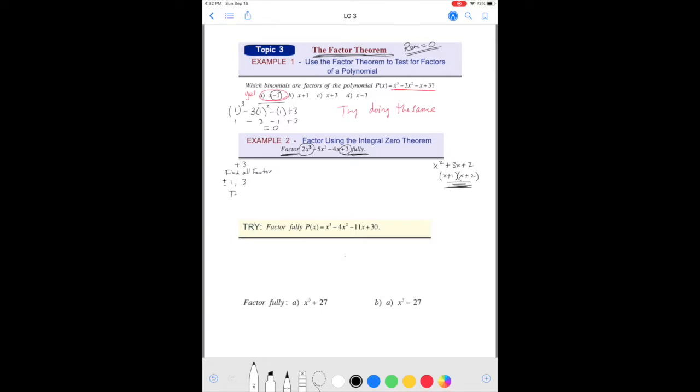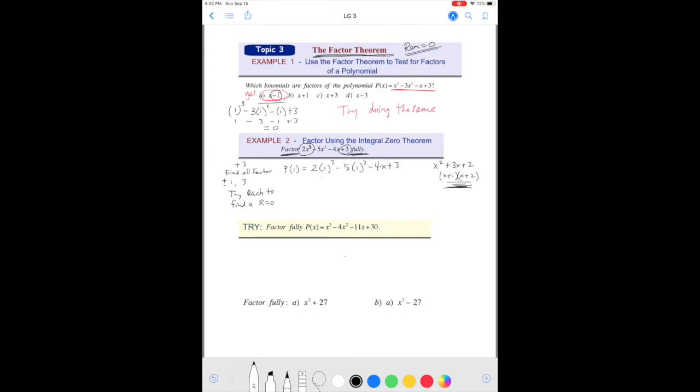So now we have to try each to find a remainder that equals 0. Okay, so here we go. Let's try the polynomial, and I'm going to try positive 1 first.